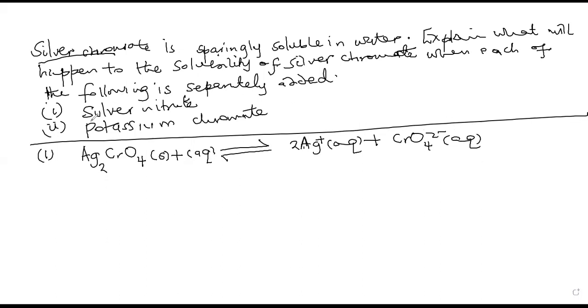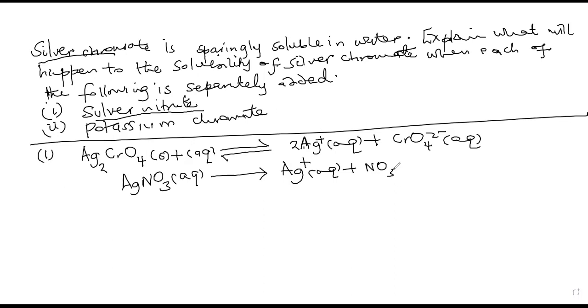Then what you're adding, silver nitrate, we know that all nitrates are soluble, so silver nitrate is a soluble electrolyte, which completely ionizes and forms silver ions and nitrate ions.